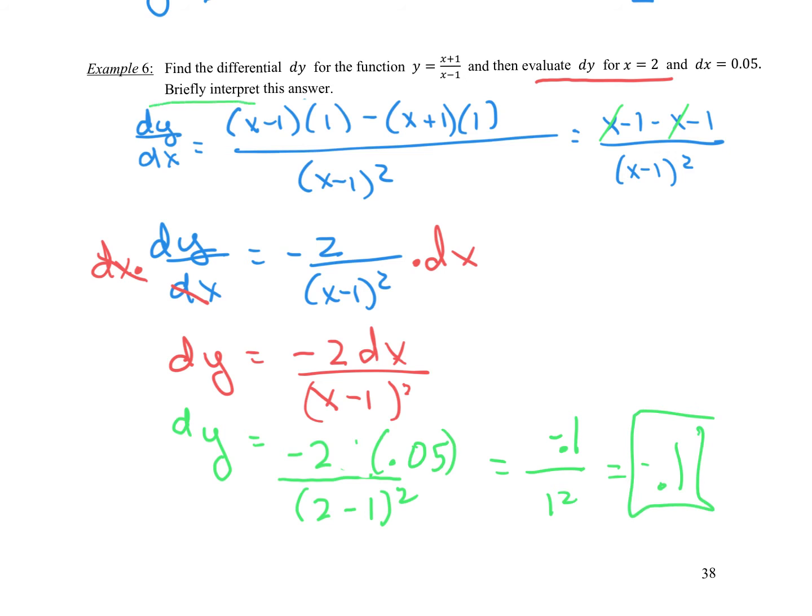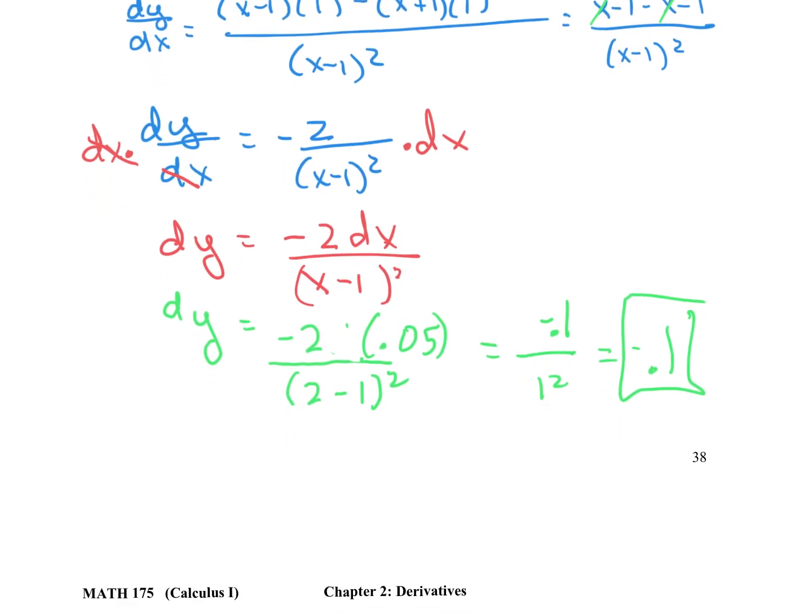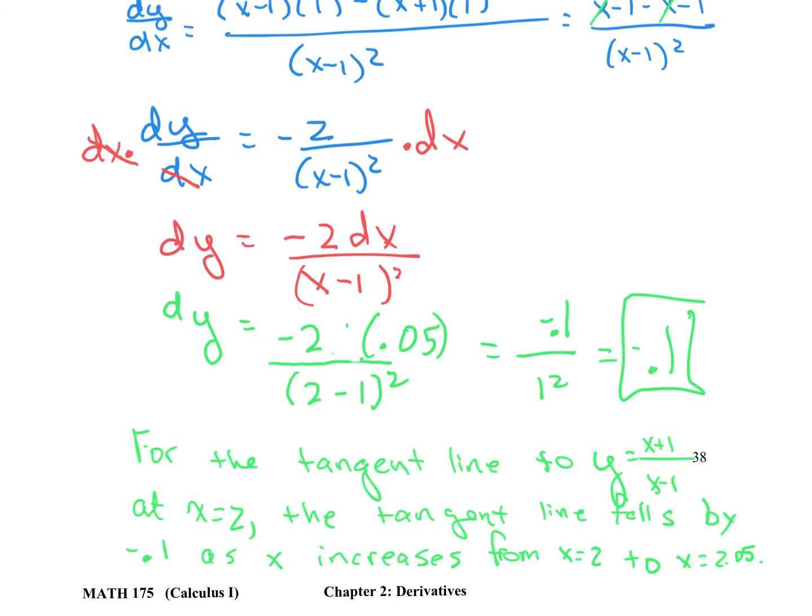They ask us to interpret this answer. We're sort of new to this, so let's definitely interpret this answer. So what this means, for our tangent line of this function at x equals 2, is that the tangent line is going to decrease by 1/10 as x increases from 2 to 2.05. Now where did I get the 2.05 from?